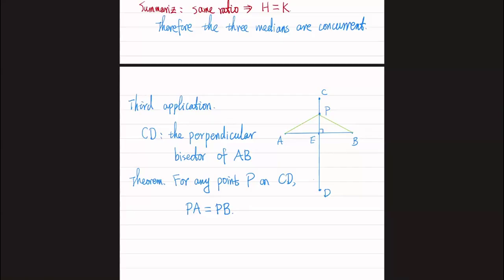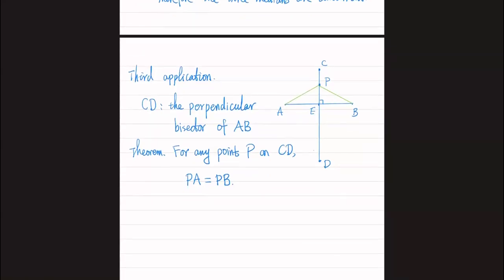I don't know. Okay, now let's first check this triangle PAE. Amy, what can you say about this triangle? It's a right triangle. The Pythagorean theorem, what does it tell us? That AE squared plus PE squared equals AP squared.